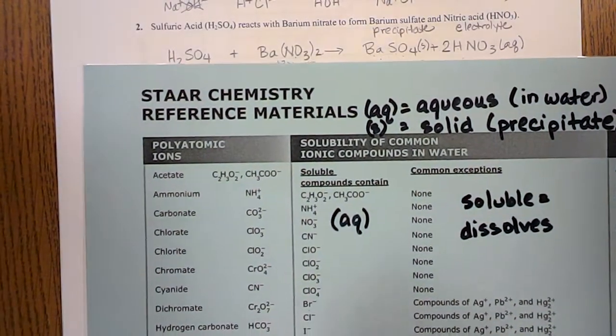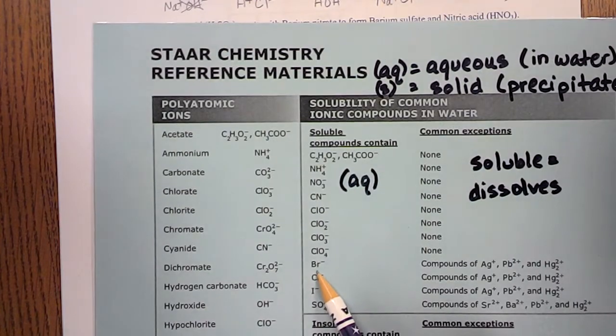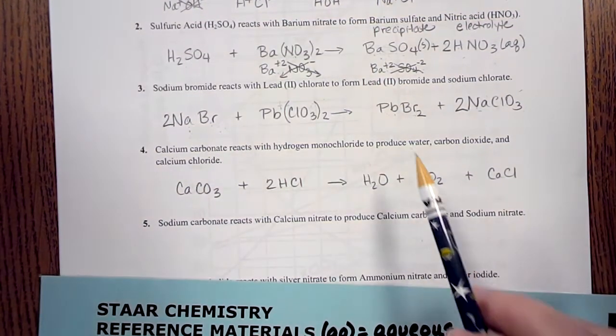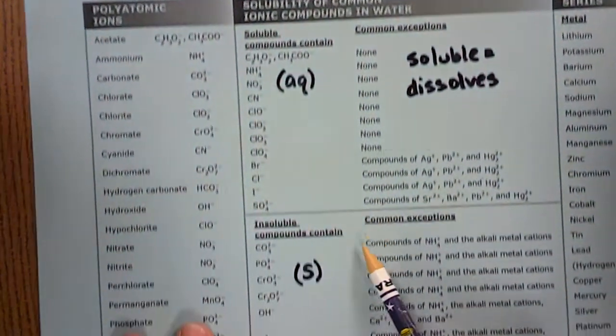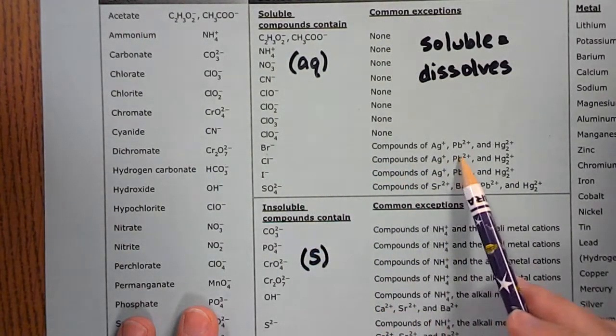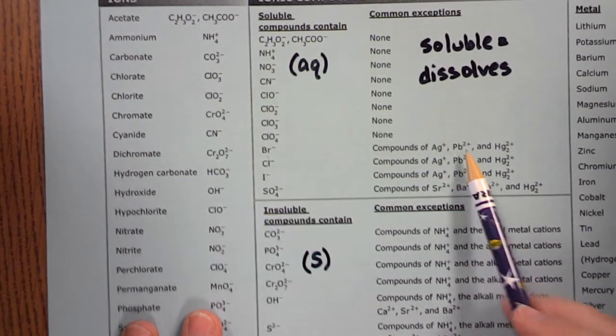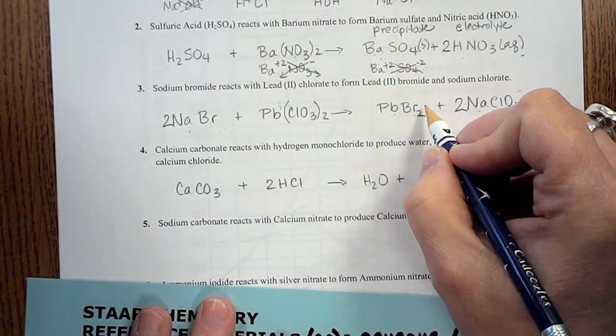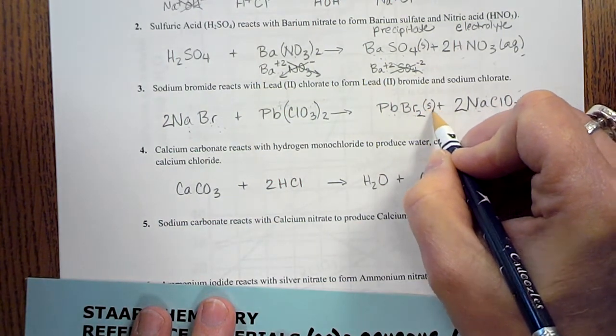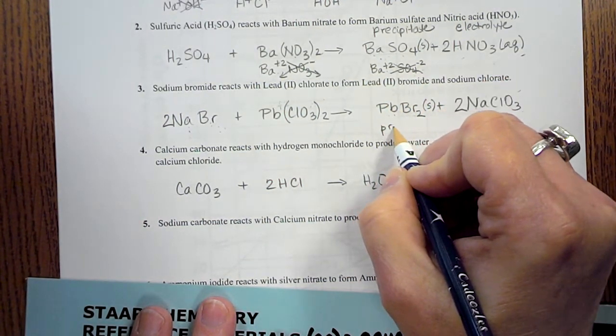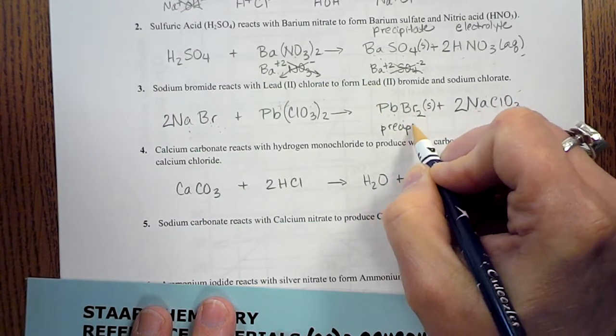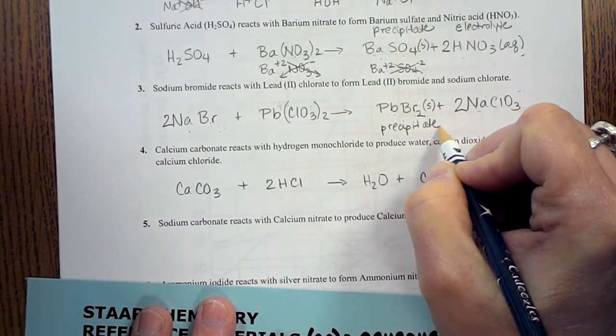Our bromine is here. Most bromines are soluble. We have a lead 2 bromide. Guess what? It's an exception. So instead of being soluble, it's going to be insoluble. So we're going to call it a precipitate because it's going to be a solid. Okay?